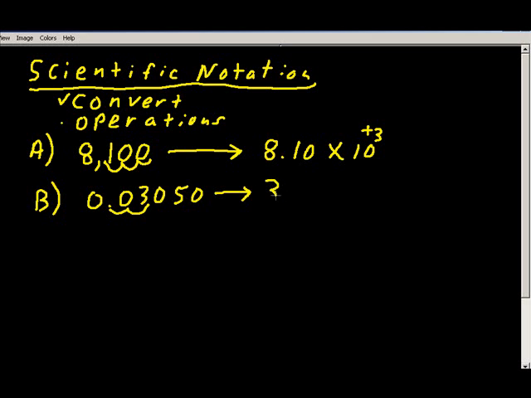So that becomes 3.050. But notice we've taken a small number and turned it into a bigger number. 0.03 is smaller than 3.05. So in order to keep the number to the proper scale, we're going to have to put it to the -2.